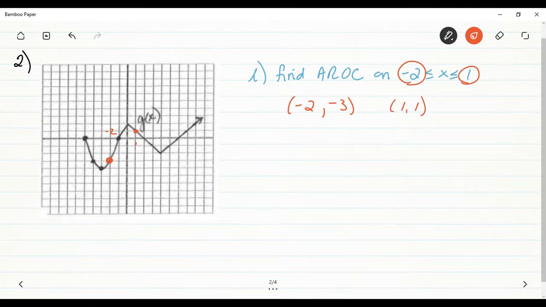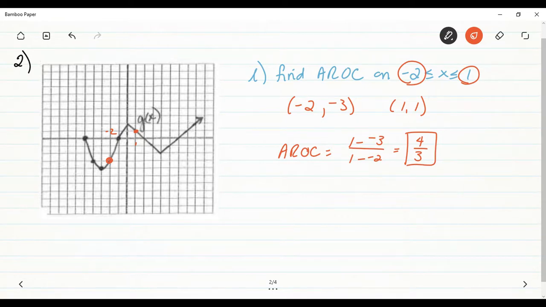So those are our 2 coordinates. Now our average rate of change is calculated by subtracting our y's over the difference in our x's. This comes out to be 4/3 as our average rate of change.